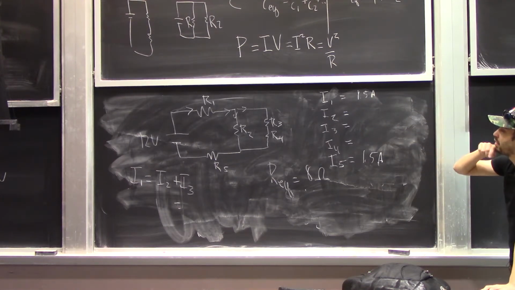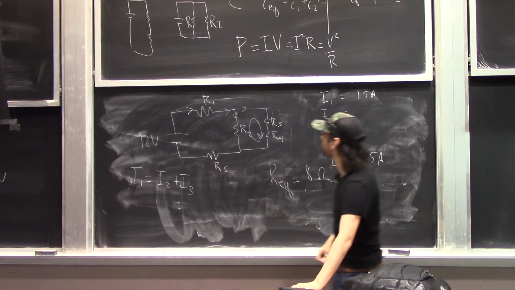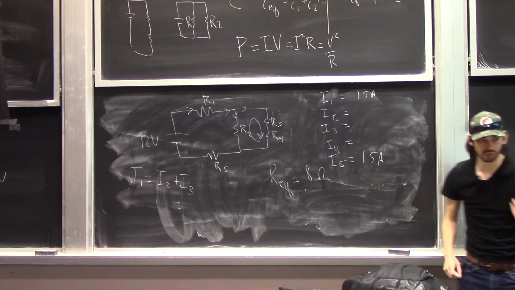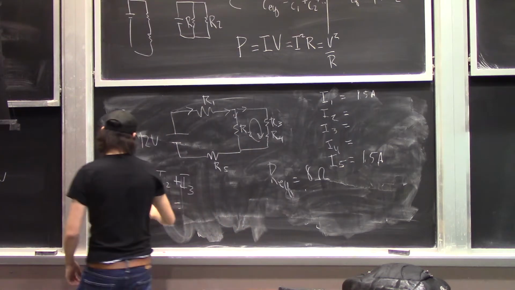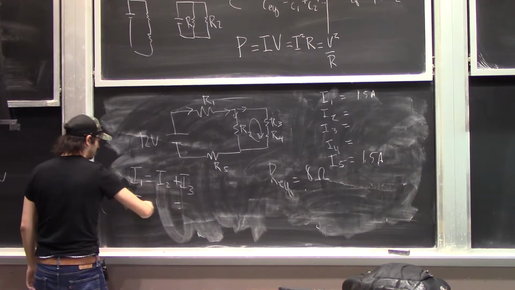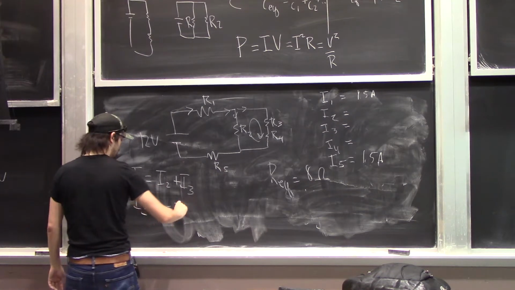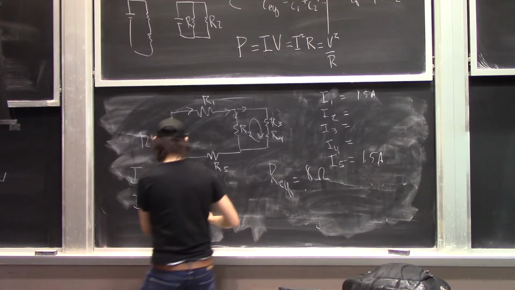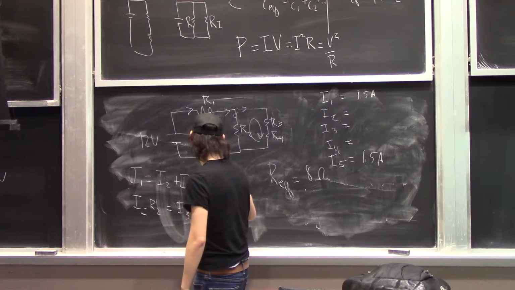So in order to set up that equation, what we can do is we could draw some loop here. If I draw this loop and apply some loop rule to this, what I can say is that I2 times R2 is going to be equal to I3 times R3 plus R4.